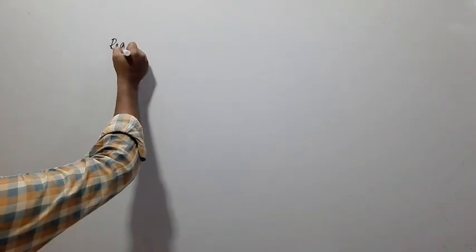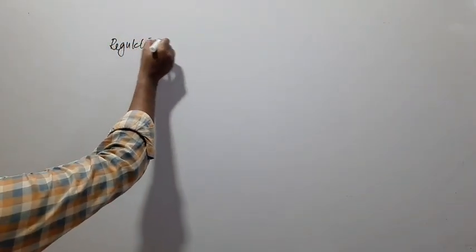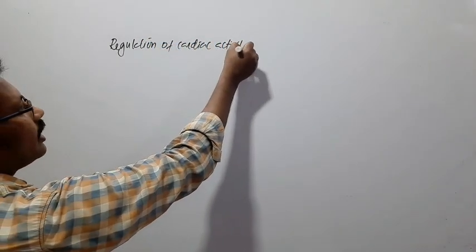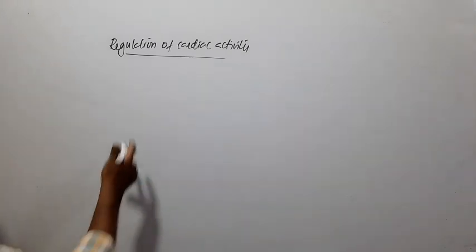The next one, regulation of cardiac activity. Here, the heart is controlled by the autonomic nervous system and also by hormones.